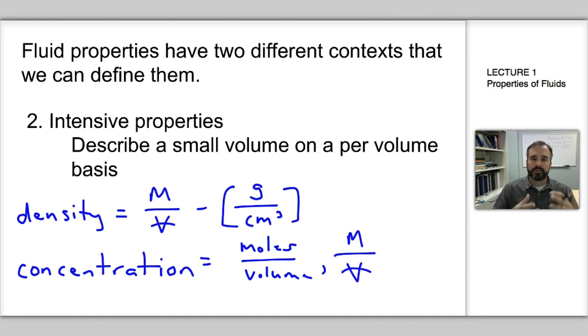So if we have a fluid that has a concentration, we don't necessarily know exactly what the total mass of whatever it is in the water is, but we know the concentration of it. And so if that volume happens to change during our analysis, the concentration doesn't necessarily change unless we add a different fluid. And that makes these very portable and easy to use when we're doing analyses of fluids and trying to draw on theories and develop general intuitive understanding of how fluids interact with the environment.